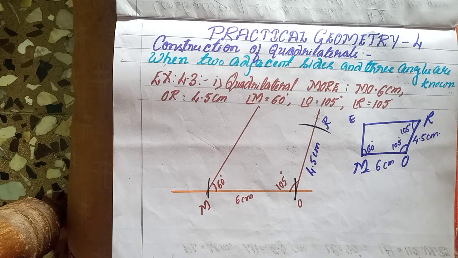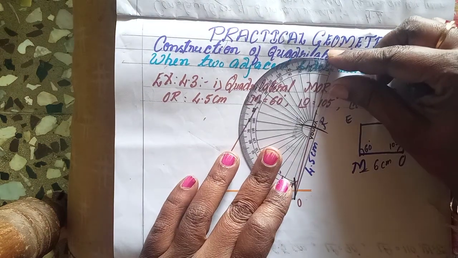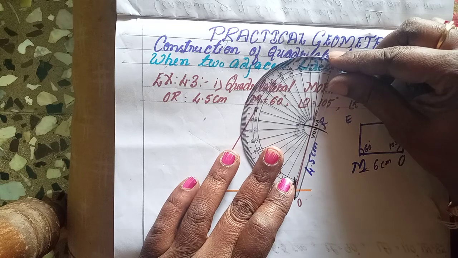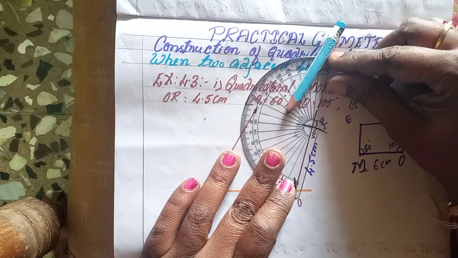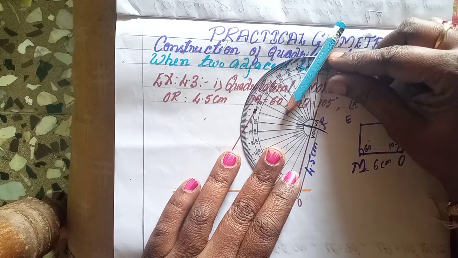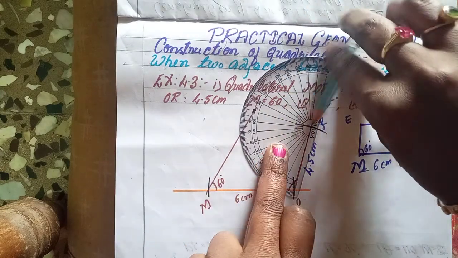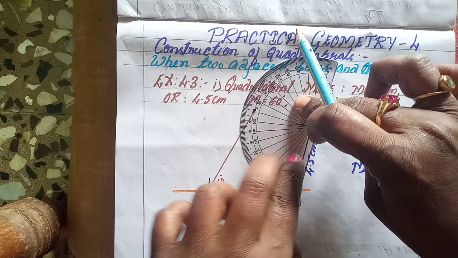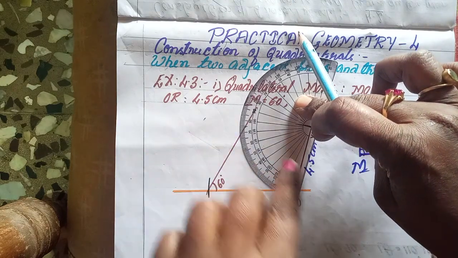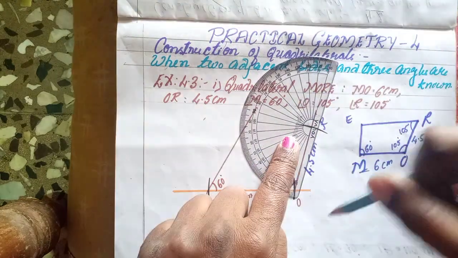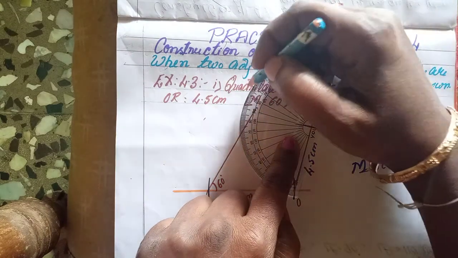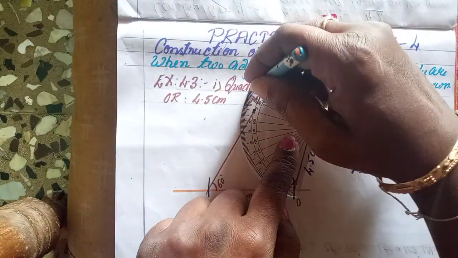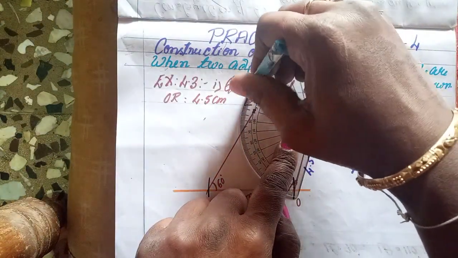Now keep the protractor like this. The center point should be exactly on the point R. All of you are observing, students. How much from left to right here? Because angle is counted from left to right, therefore 105 degree.